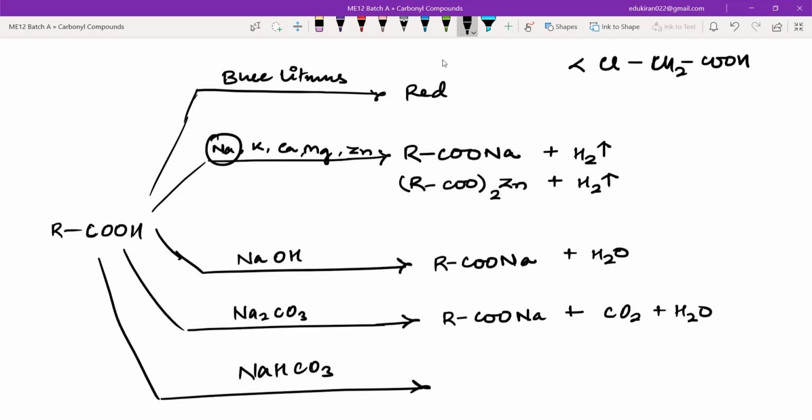In this case also, you are going to get the same molecule, RCOONa, plus CO2 plus H2O. Okay, so these are the main reactions shown by carboxylic acid, in which the acidic hydrogen gets reacted.